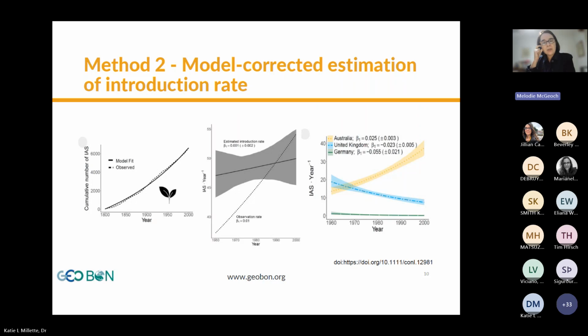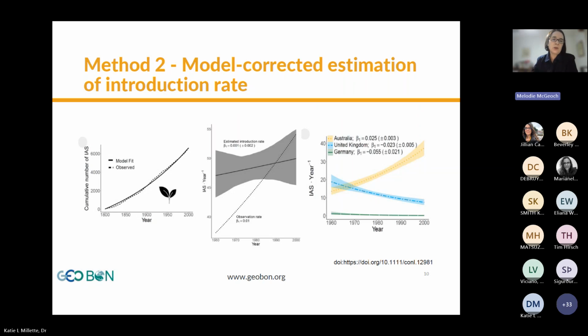The second solution is a more analytical solution, and this is where one uses data on how many new introductions there are per year, and you model it using a range of possible models that in one way or another make some assumptions about survey effort, or actually use real survey effort data to correct the trend, so that one is more confident in the slope and therefore more confident in the estimate of the rate of introduction.